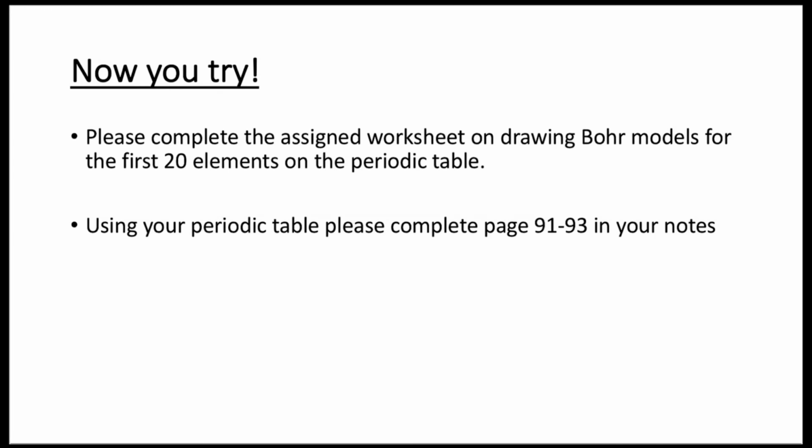So now you are going to try this out. So I have made an assignment which includes, it's basically like a mini periodic table with just 20 elements. You'll see that it has some little boxes included and things like that. You're going to lay this out just like you would the periodic table.